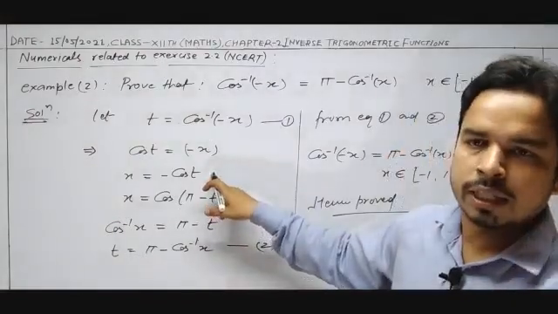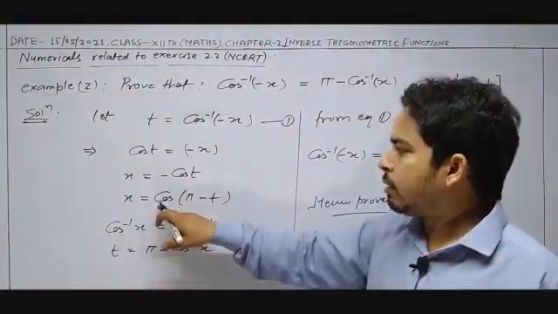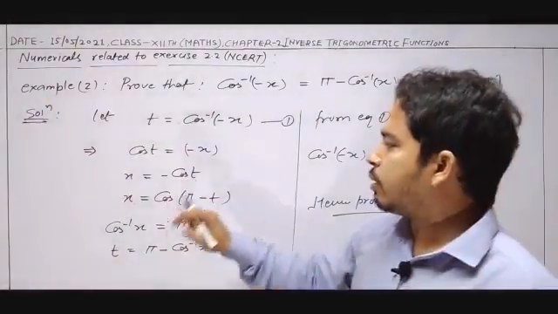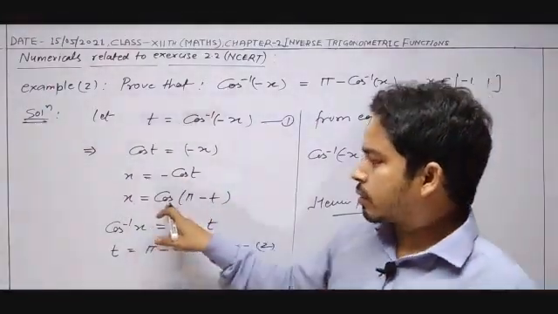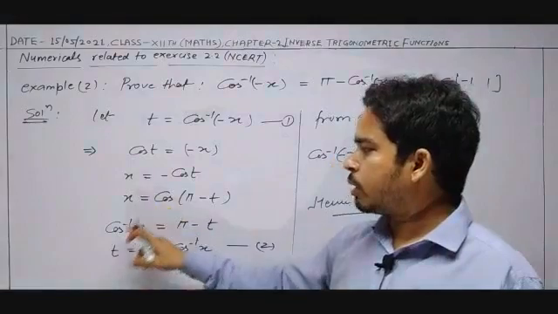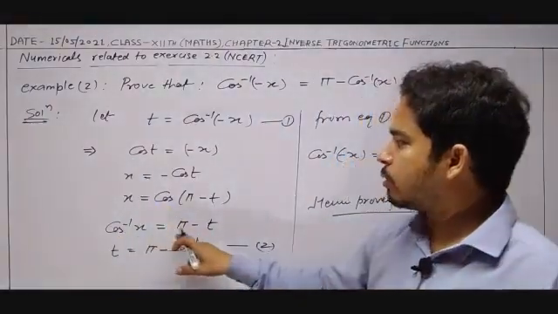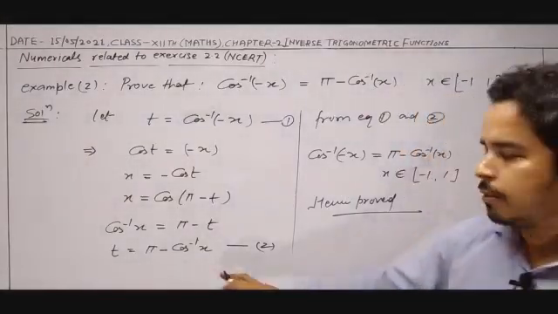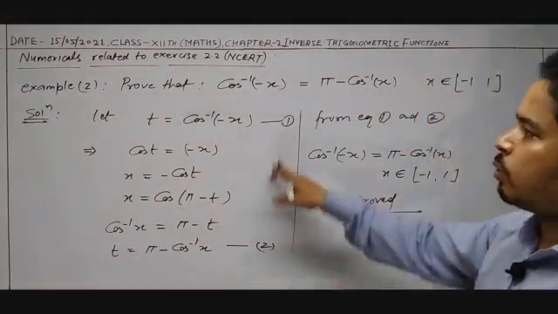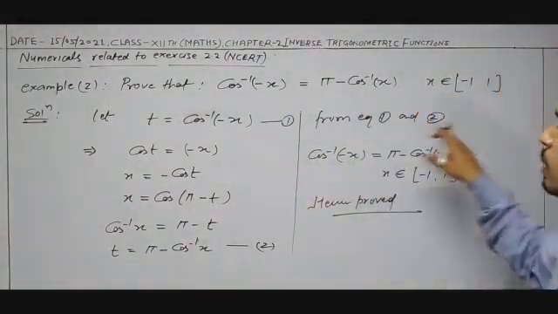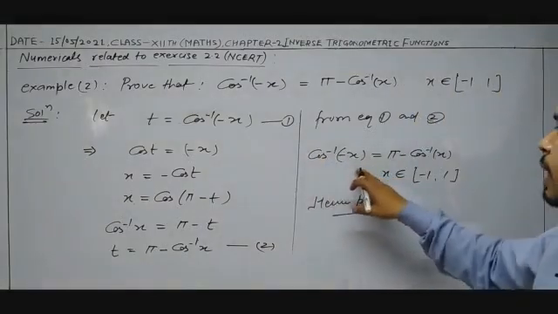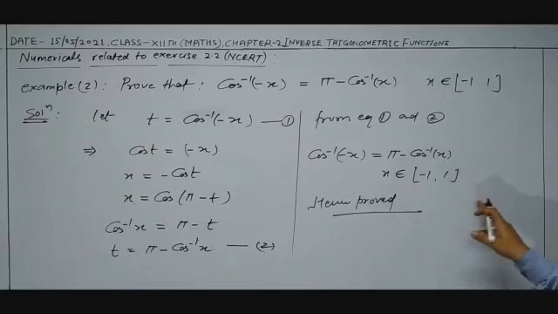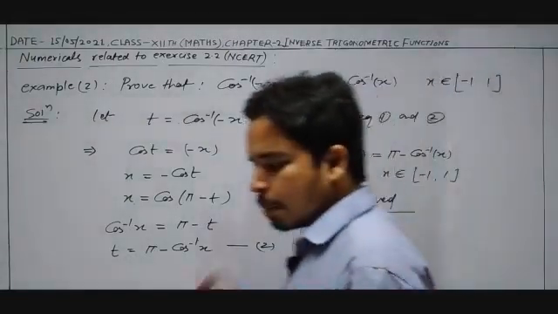In the second quadrant. So we can write cos of pi minus t, that is minus cos t. So again taking cos inverse on both sides, the result will be cos inverse x is equal to pi minus t. This implies t is equal to pi minus cos inverse x. So equation 2 is here. So from equation 1 and 2, equating both sides, the result will be cos inverse minus x is equal to pi minus cos inverse x, such that x belongs to minus 1 to 1. Hence proved. This is the second proof.